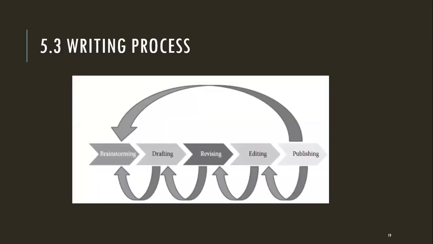When you do a technical writing piece, there is a process that you will have to follow. This is called the writing process. You will first have to brainstorm the idea, then do a proper draft, then revise, then edit according to the revision, and publish.